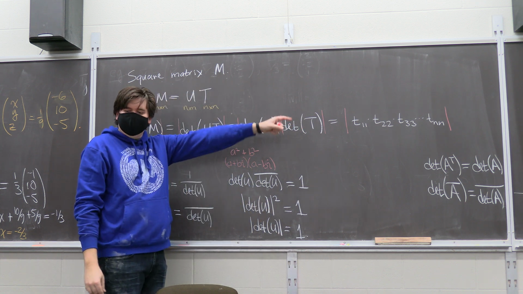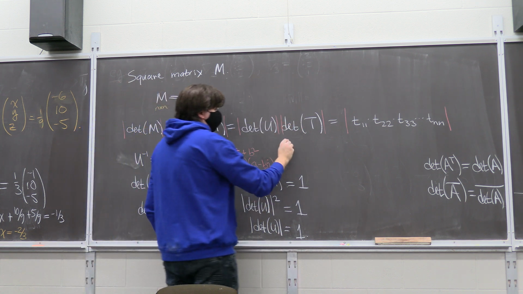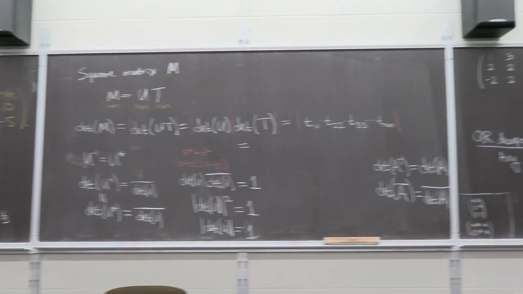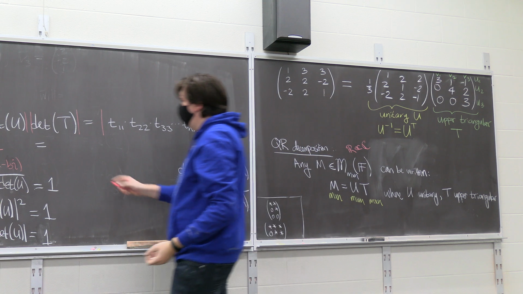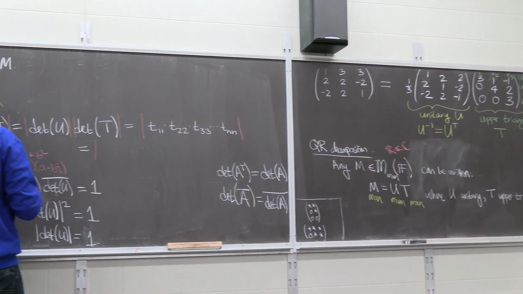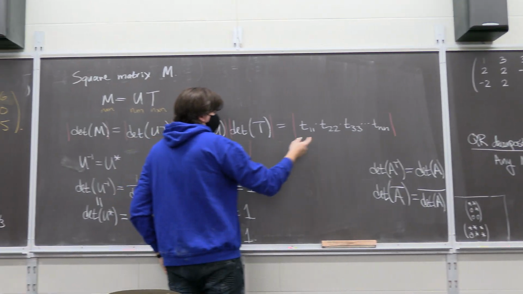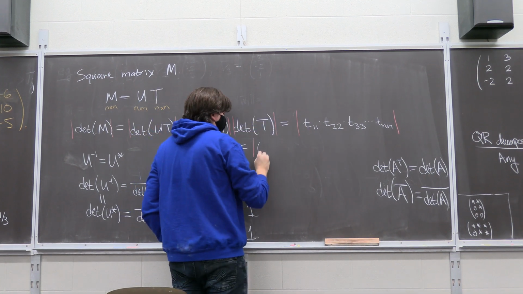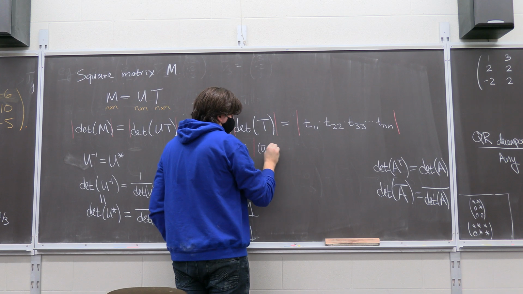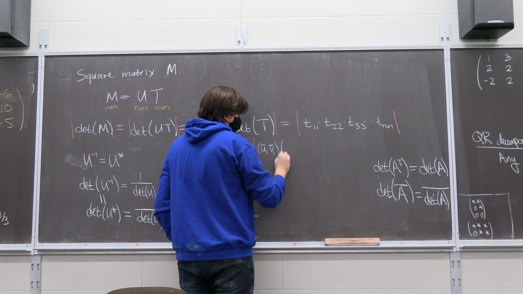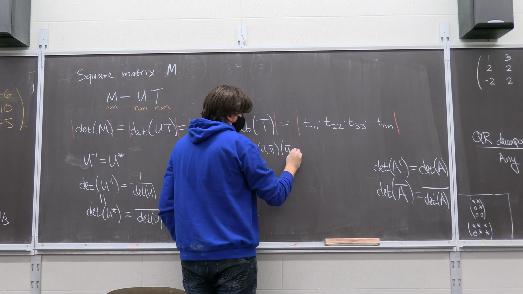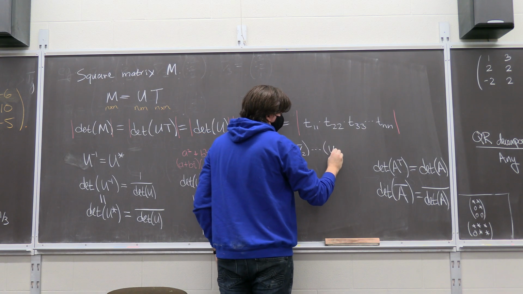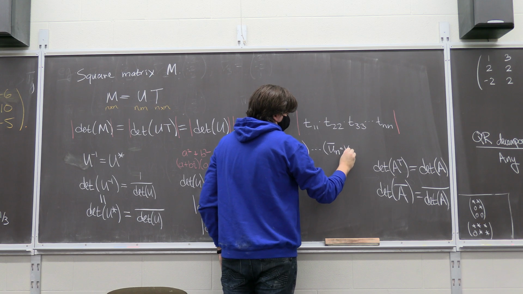But we know what those guys look like. Those guys are exactly these diagonal values. So this just comes out to be the magnitude of your matrix is just found by doing the inner product, or in particular for us here, the dot product of u1 with v1 times the dot product of u2 with v2 times the dot product all the way up through un with vn.